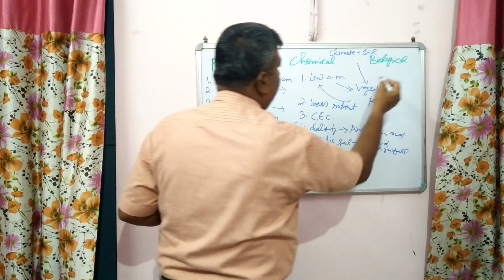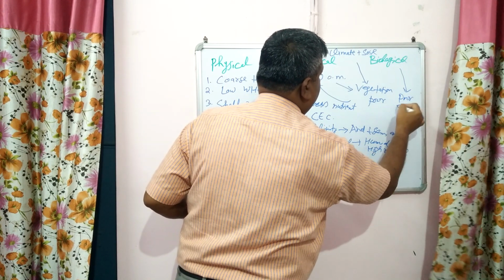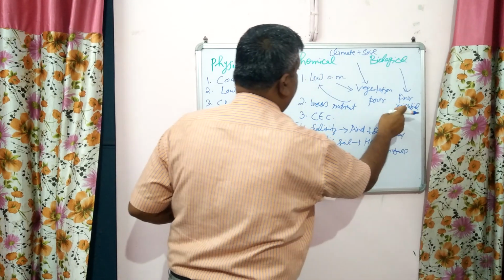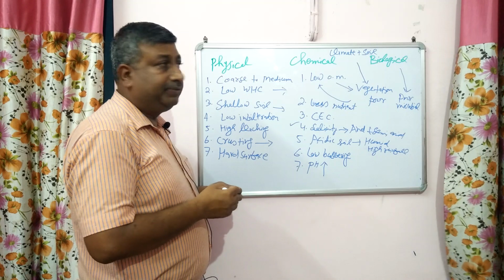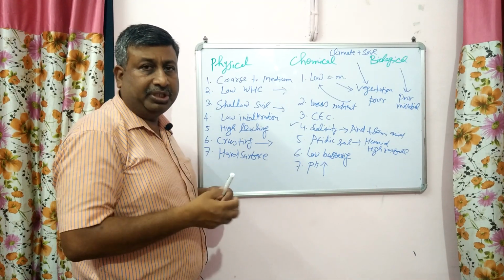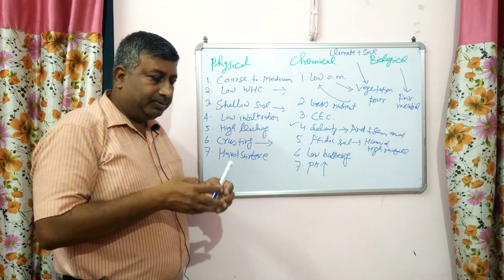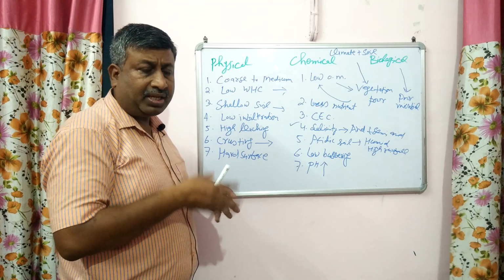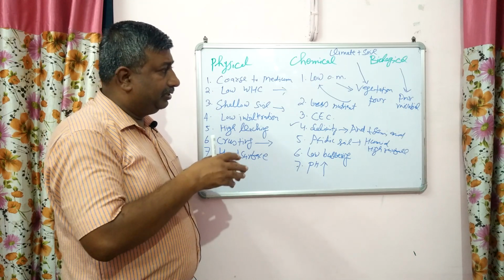Then biological properties: poor microbial activity. Poor microbial activity is due to low organic matter content. Because biological activity is less, nutrient transformation is less and soil aggregation is poor, and these microbes are responsible for mineralization and other processes. So the soil is not in a healthy condition.